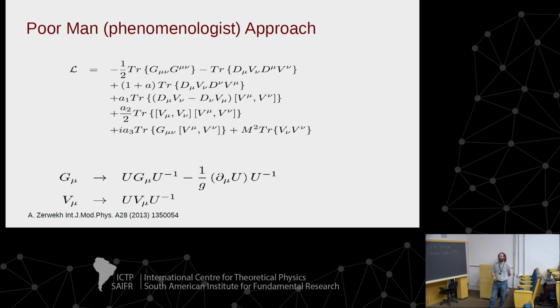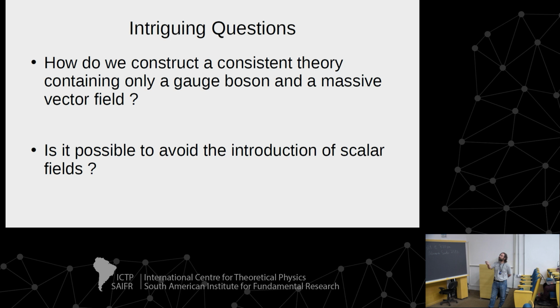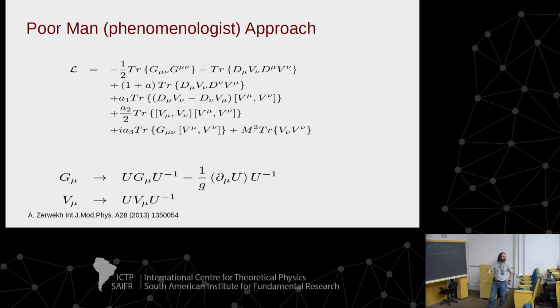So regarding Diego's questions, my original question was how to construct a consistent theory containing the gauge boson and the massive vector field, like the chromoelectrodynamics of a vector field.